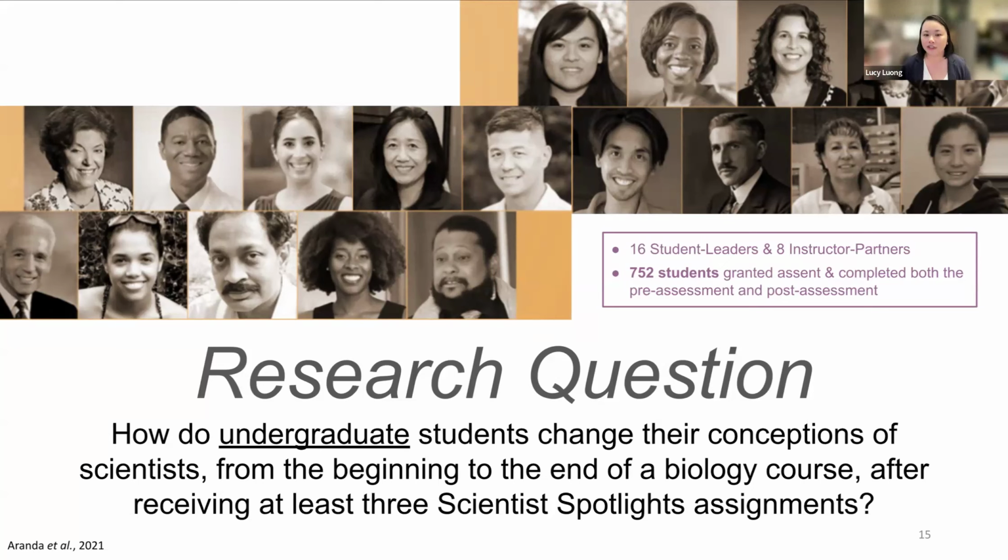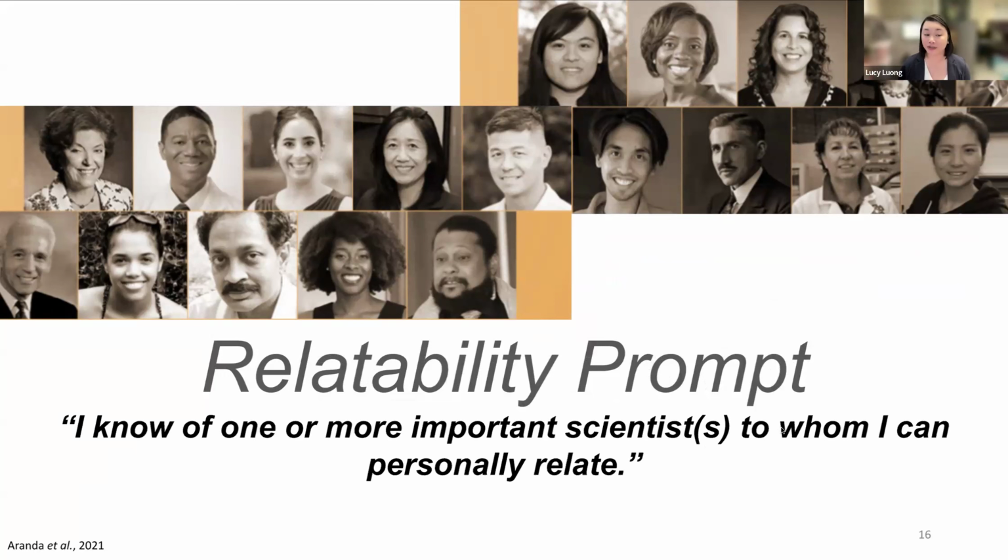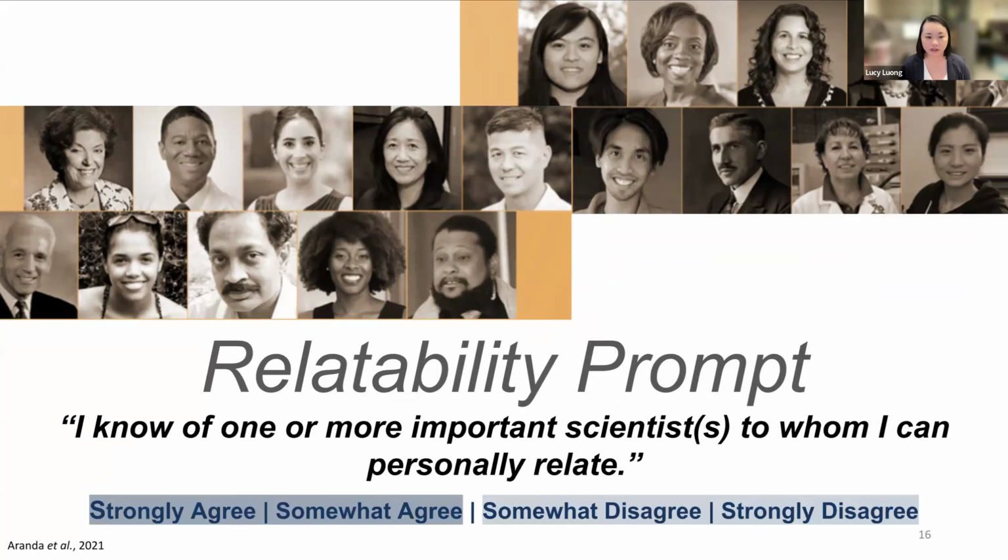And while we can look at a lot of measures for science identity, we don't have a lot of time for that, so I'm just going to cover one. And this is our relatability prompt that asks students to share their opinion on the statement: I know of 1 or more important scientists to whom I can personally relate.